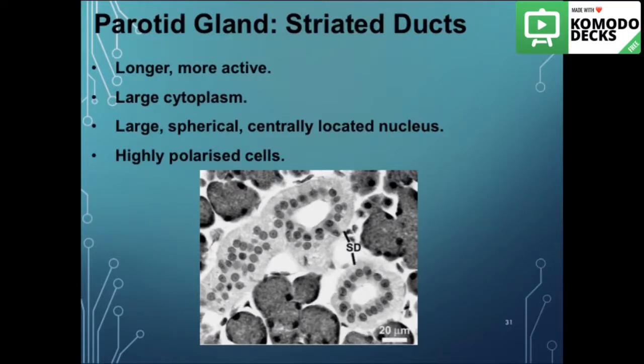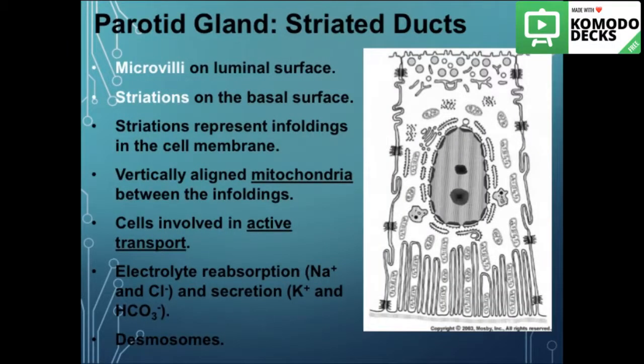This is a characterization of the striated ducts as they are more columnar in shape. Now what's different in these ducts are the microvilli, which are found on the luminal surface, and the striations on the basal surface.